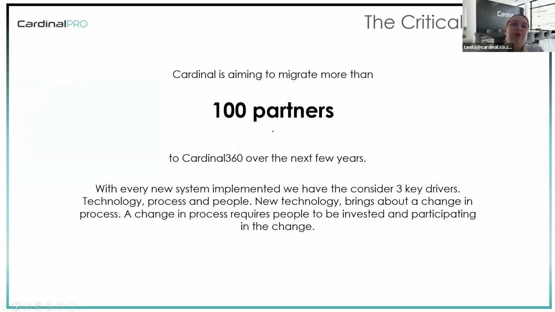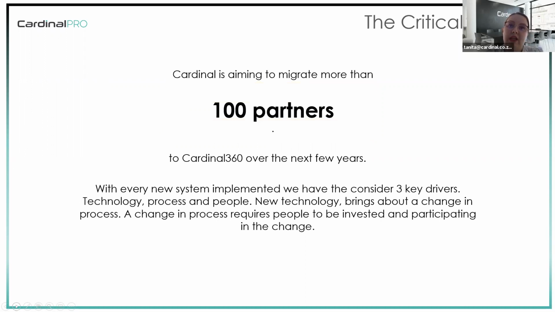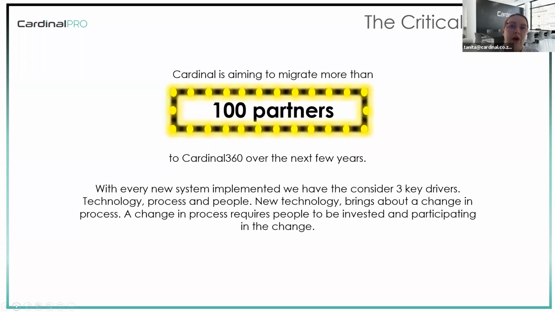Now, as all of you know, with every new system implementation, we have to consider three key drivers: technology, the process, and then most importantly, the people that form part of that process. Now, any new technology brings about change in a process, and a change in the process requires all people participating to be invested and participating in that change.